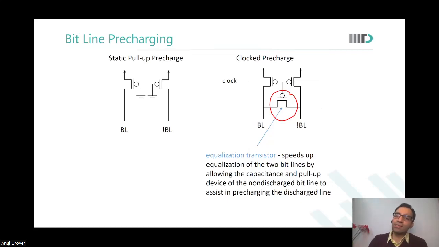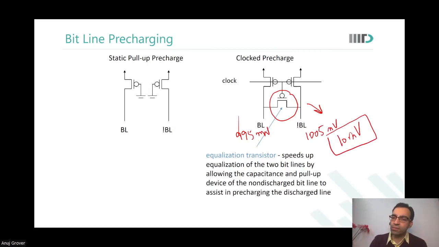If they were not equalized, let us say bitline was at 995 millivolts and BL bar was at 1005 millivolts, then if I now want to discharge this, I have to discharge an additional 10 millivolts in my design.